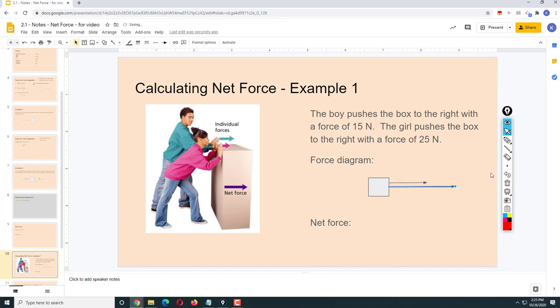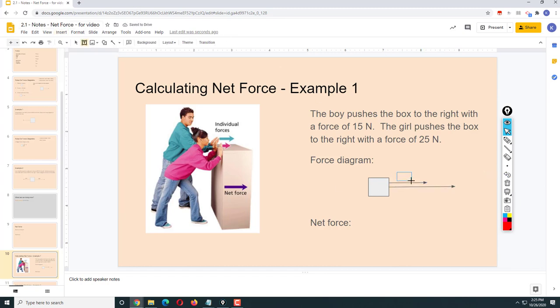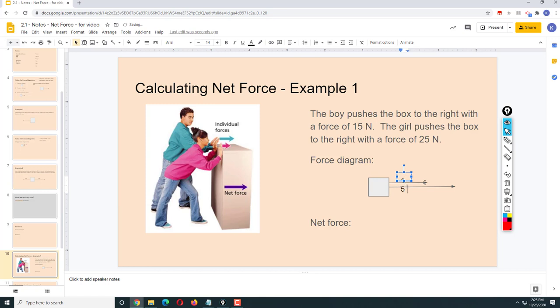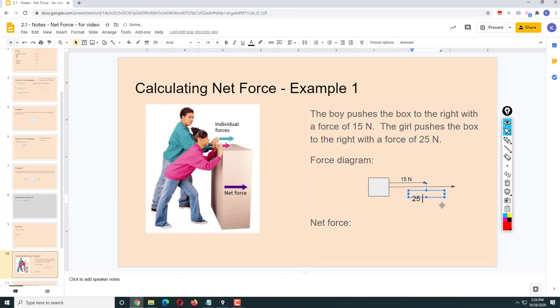So you can draw them that way. 15 newtons. Let me draw this. Make it smaller. And then I also have a 25 Newton force.